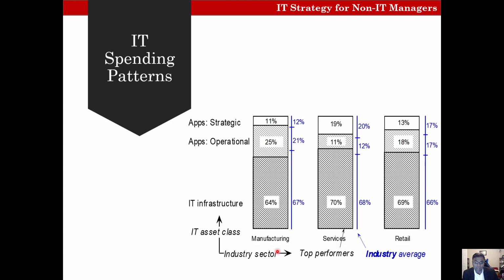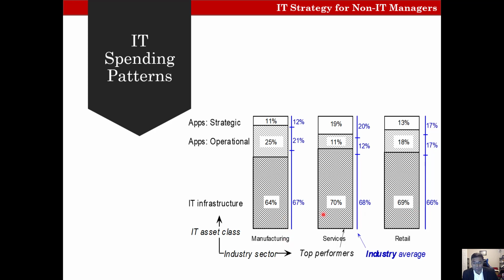You'll notice that manufacturing spends more in operational apps, whereas services spend a lot more in strategic apps. Here it's about 20 to 25%, whereas here it's about 19 to 20%. Manufacturing is also slightly less infrastructure heavy than other industries.